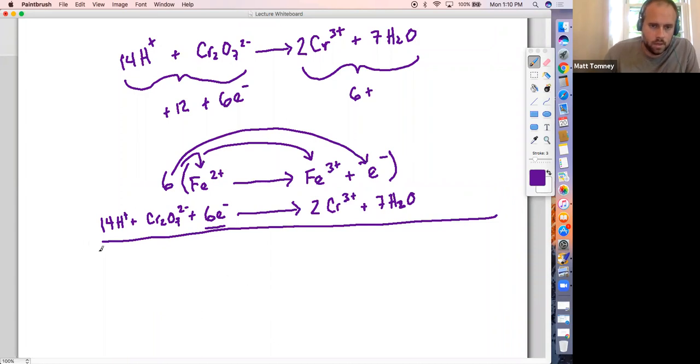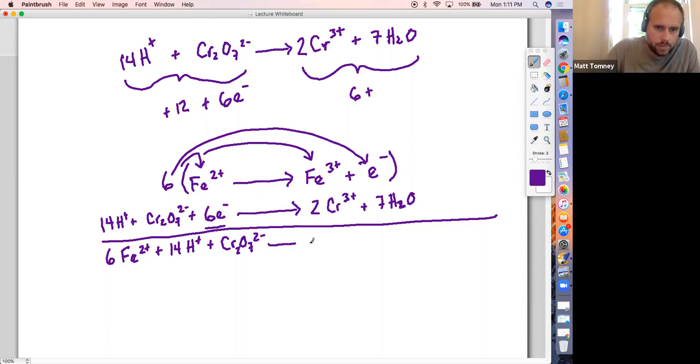So what would the final reaction look like? It would be 6 iron 2 plus, that's it for the reactant side on the oxidation, plus 14 hydrogen ions, plus the chromate ion. That's it for everything on the reactant side, combining both equations.